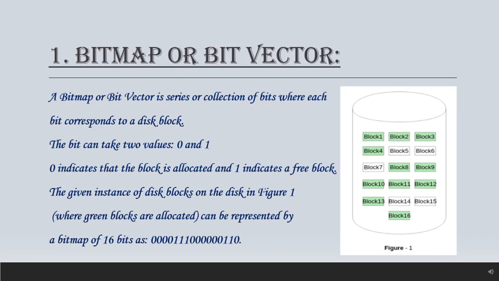Here, which is shown in figure 1, the green blocks are allocated and can be represented by a bitmap of 16 bits as 0, 0, 0, 0, 1, 1, 1, 0, 0, 0, 0, 0, 0, 1, 1, 0. So, by looking into the figure, we can say that the green blocks are zeros and the blocks which are in white are ones.